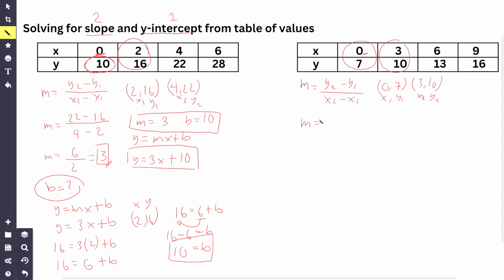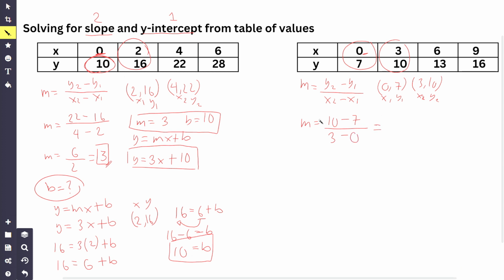So y sub 2 is 10 minus y sub 1 is 7, over x sub 2. What's the value of our x sub 2? We have 3. How about the minus x sub 1? 0.